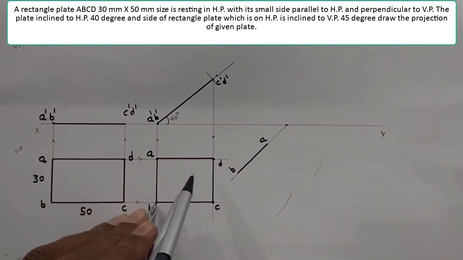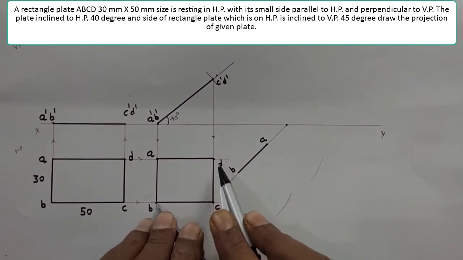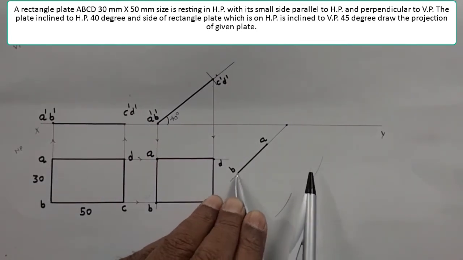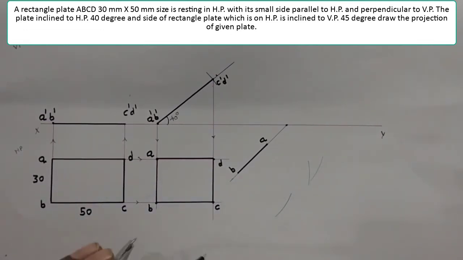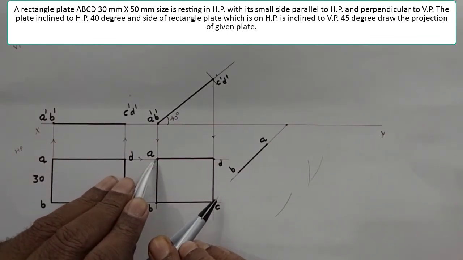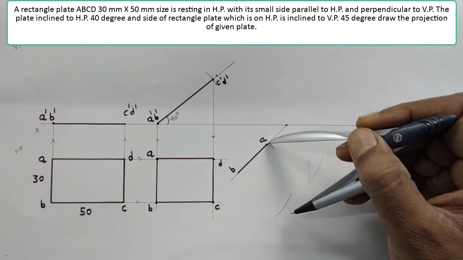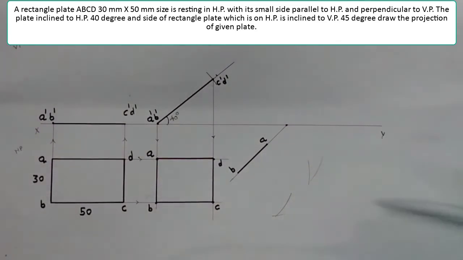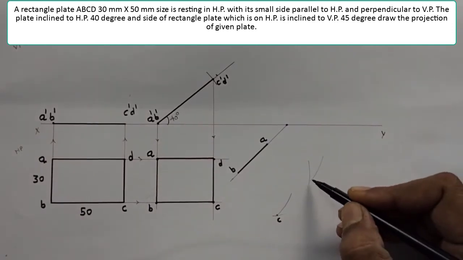Now from B to D I take the radius, the plan diagonal, B point as center, I draw the arc. Similarly, you take A to C, your A point as center, you draw the arc. Now we get our points. This is our C point, and this is our D point.